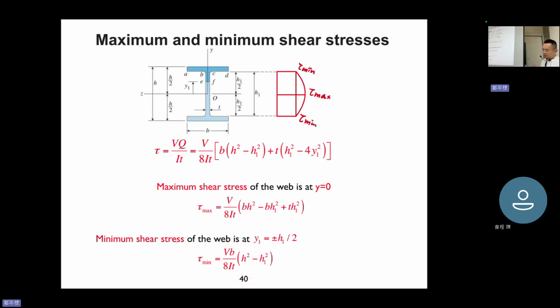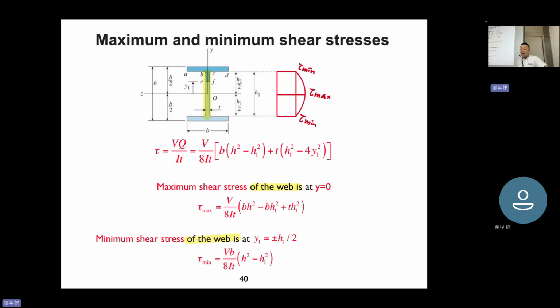All right, that's it. And you need to be careful. This is the maximum shear stress of the web and the minimum shear stress of the web. Okay, of the web, only this web, not for flanges, not for the top and bottom plate of the web.